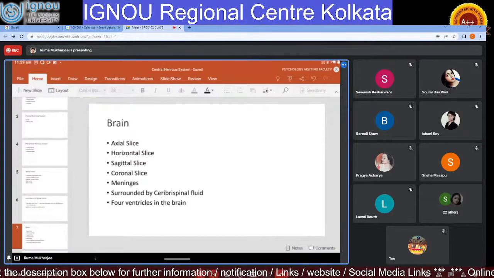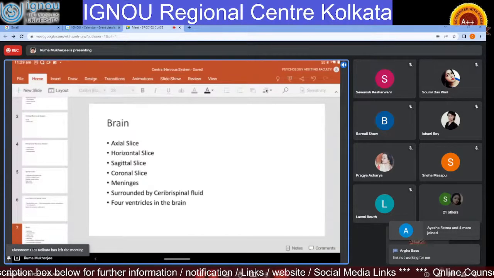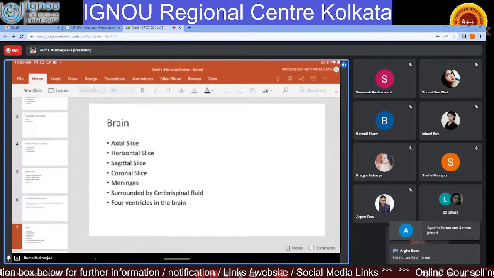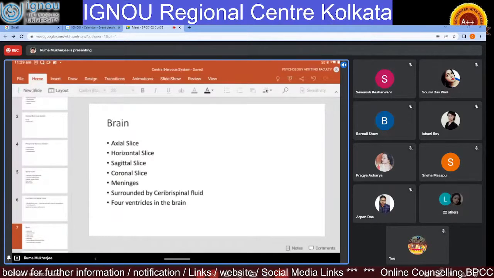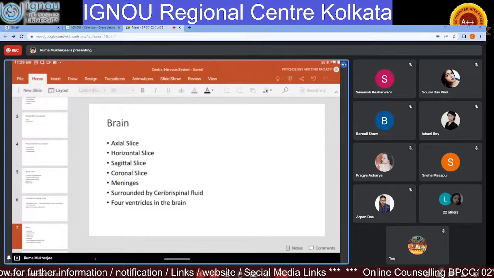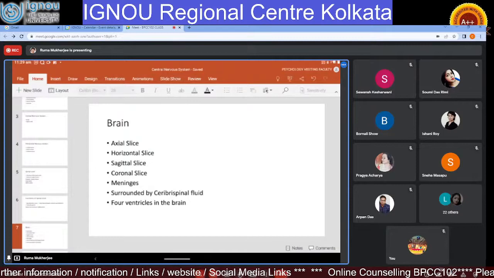Mainly the portions of the brain, seen from this angle, are the frontal lobe, the limbic lobe, the parietal lobe, and the occipital lobe.